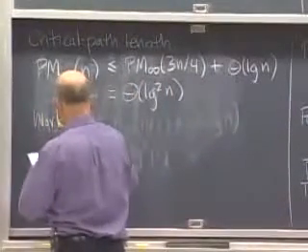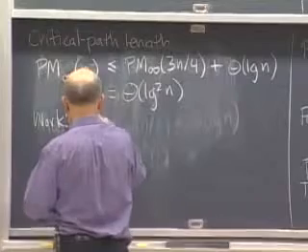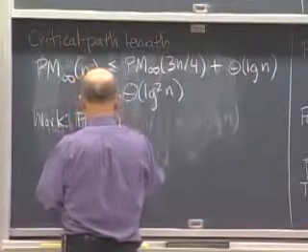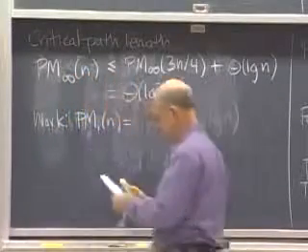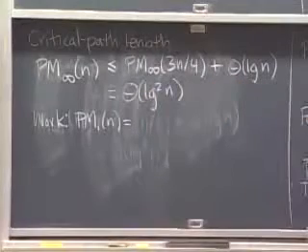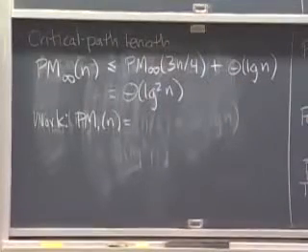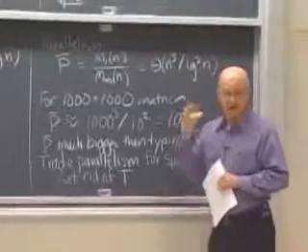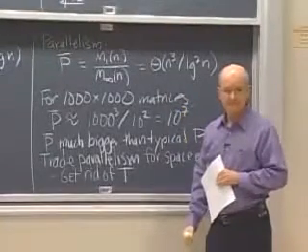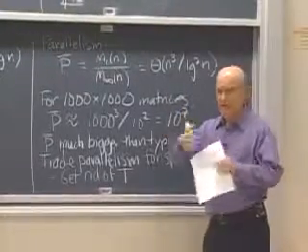Okay, so the work is PM sub 1 of n is equal to, okay, so we don't know what the split is. So let's call it alpha. Okay, so alpha n in one side.